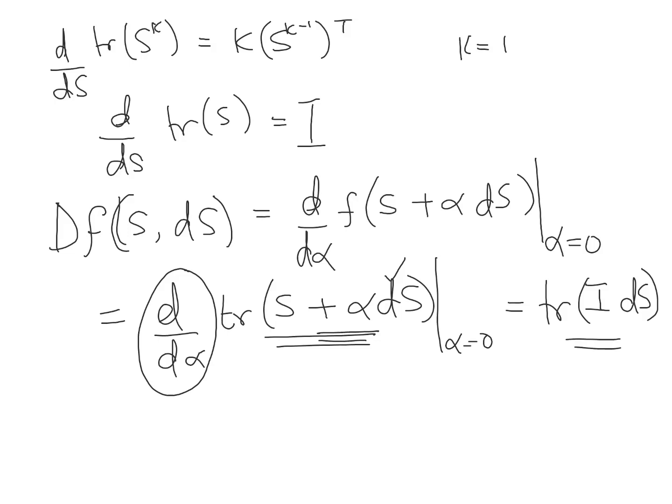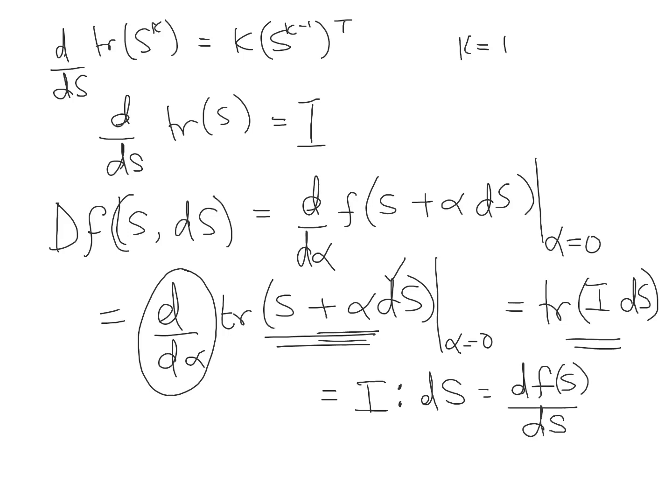And of course, this you can also rewrite as, remember that you can write your trace also in this form. And for you to get an identity tensor, this is the same as saying you had a dF of S with respect to dS.